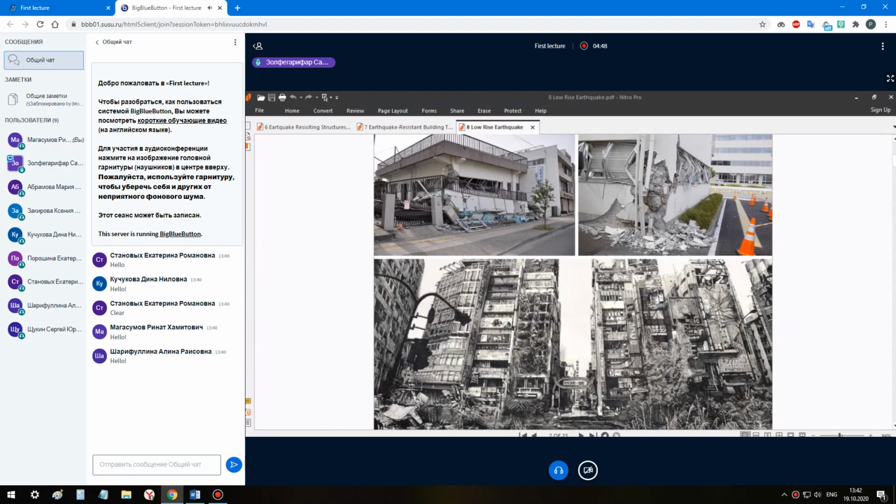These devices are introduced in the building and absorb the energy of the earthquake produced by seismic waves to make the buildings resistant.